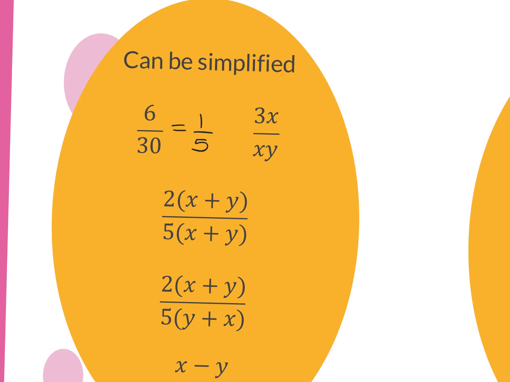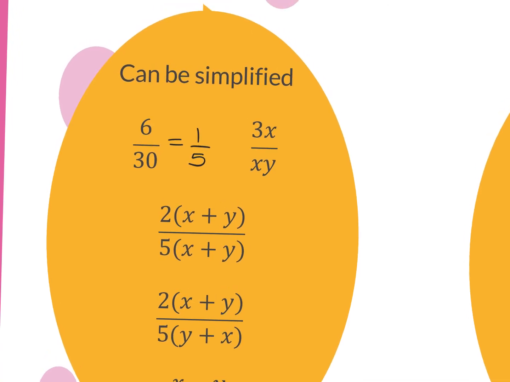On the more complicated ones, they're going to expect us to factor. In 4th grade, they probably told you to find the GCF and then divide the numerator and the denominator by the GCF. Well, the GCF of 6 and 30 is 6, and that's how I divided both the numerator and the denominator by that GCF, and that's how I got 1/5.